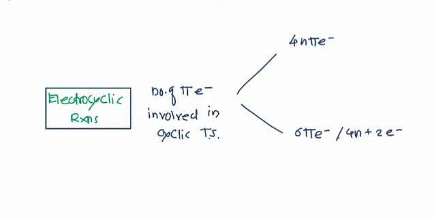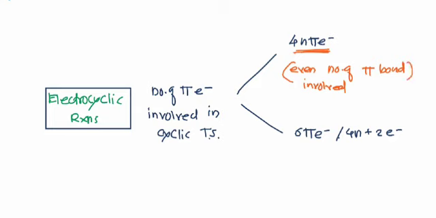There is a simple rule to remember all these things. 4n pi electron electrocyclic reactions are those reactions where an even number of pi bonds are involved.